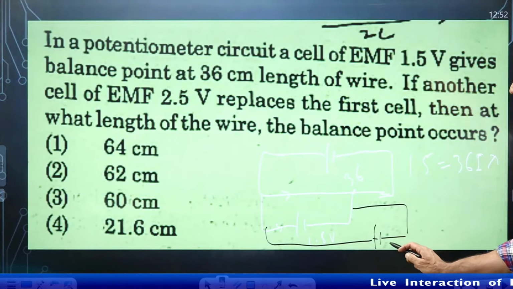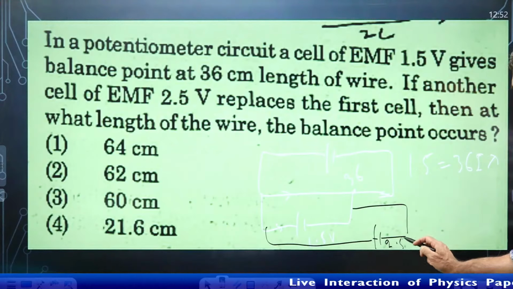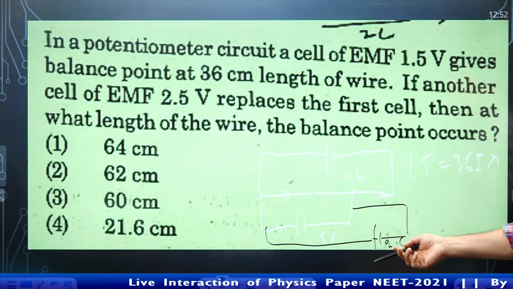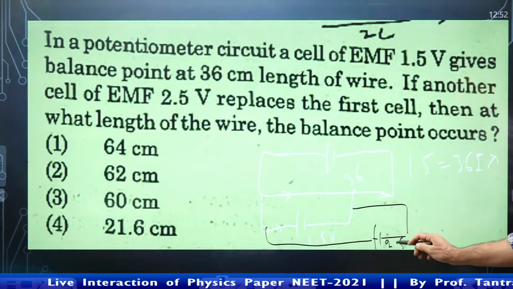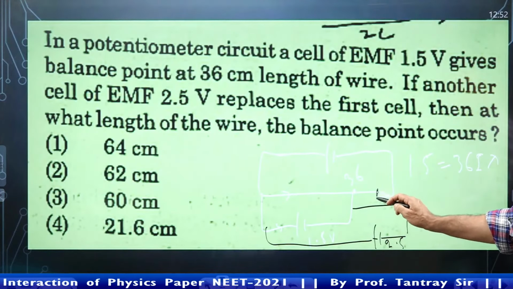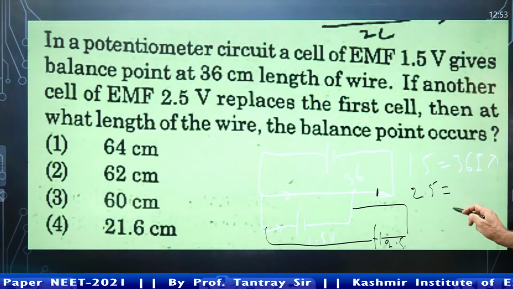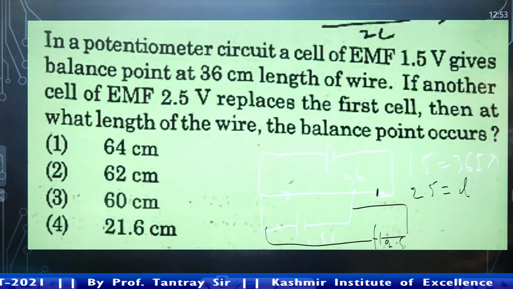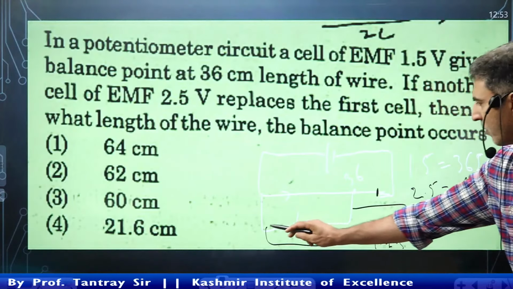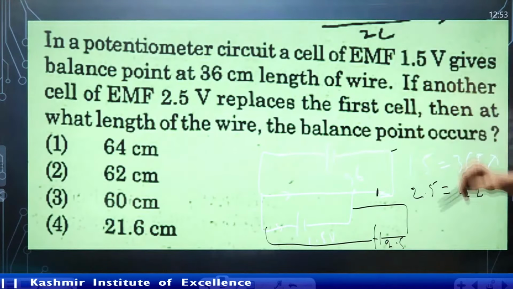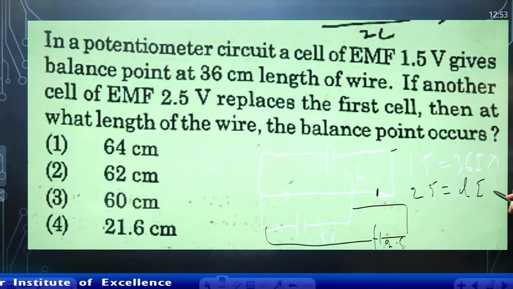That is voltage 2.5. When you connect 2.5, the balance point may be somewhere. It should be on the greater side, because this more voltage needs to be balanced. I will write 2.5 is equal to L, that's the length I have to find, into current, which is the same because no current flows through the battery; it flows through this long wire. Again, lambda.